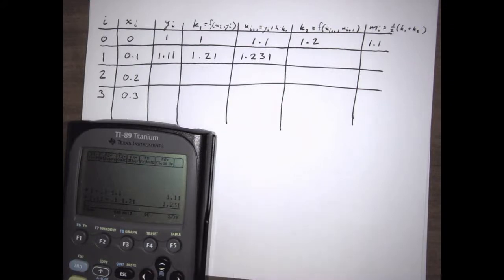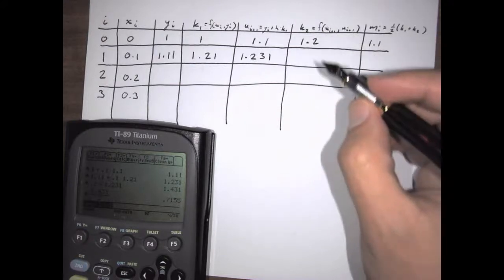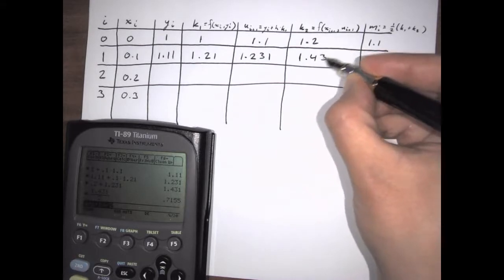So that's going to be 0.2, the next x value, plus what the next y value would have been. Oh, sorry, not that divided by 2, just that, 1.431.